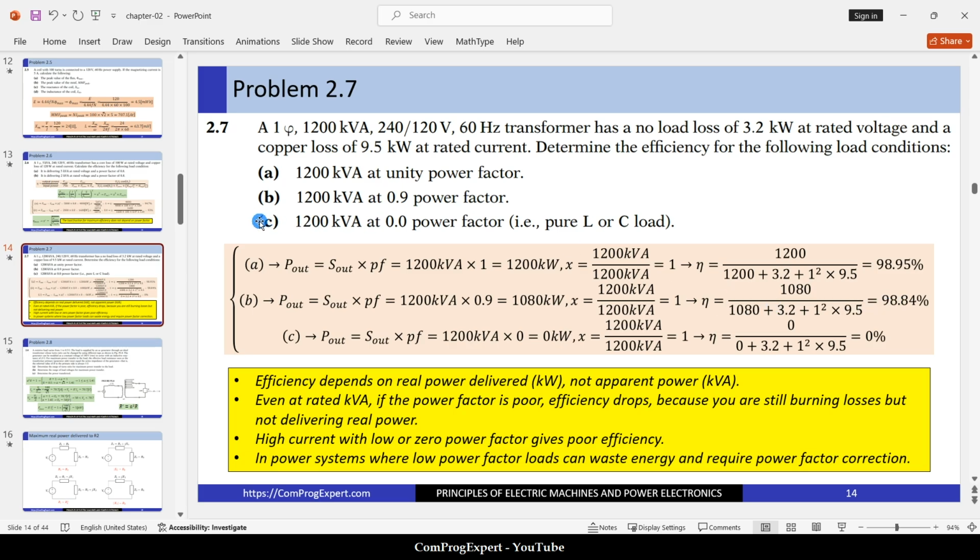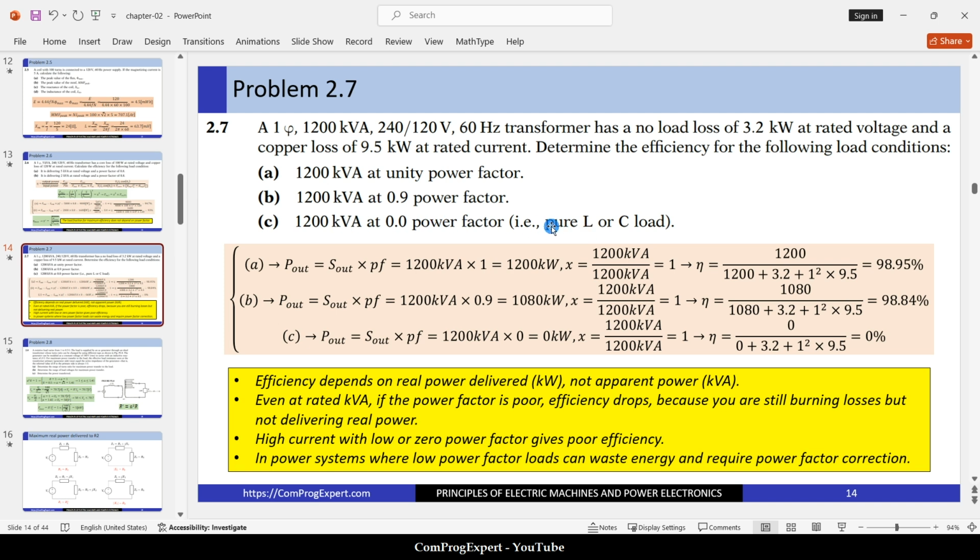case, C, this is the rated kilovolt ampere of the load, but the power factor is 0. When the power factor is 0, we have a pure L or C load, inductive or capacitive load.